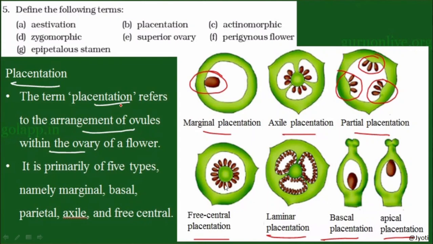The ovules develop from the axis, but later on the septal walls are destroyed. So the ovules developed from the axis are not separated from each other by septal walls. So it is called free central placentation.